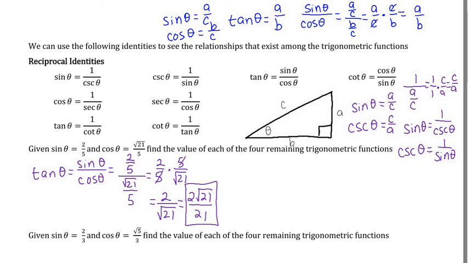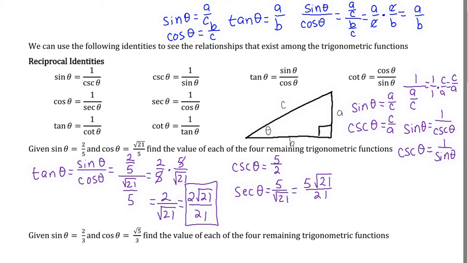And now for the other three, we know that cosecant theta is the reciprocal or the inverse of sine theta, so that is equal to 5/2. Secant theta, reciprocal of our cosine, is equal to 5 over square root 21, which is equal to 5 square root 21 over 21.